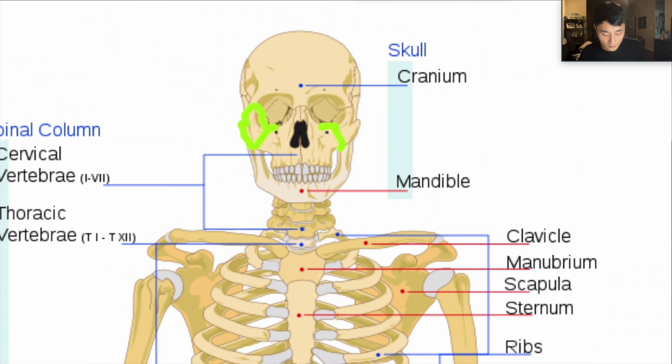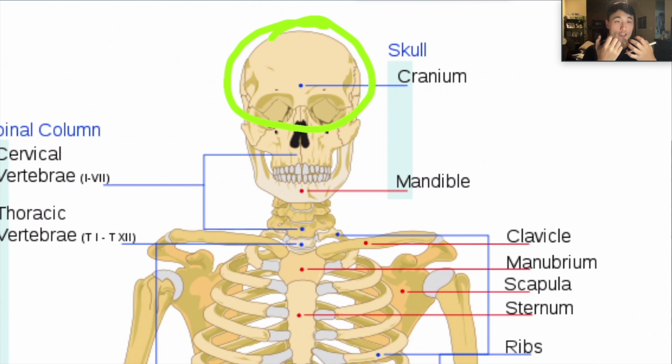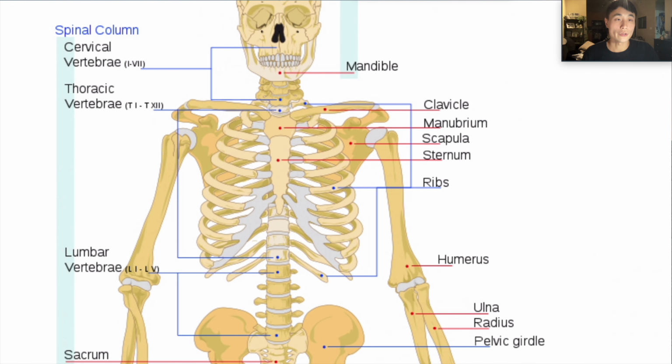There are more lines than that separate the skull into multiple bones. And it makes sense because your brain is encased here. So it has very tight-knit bone structures that structure the brain inside this cranium area. That's what this is.